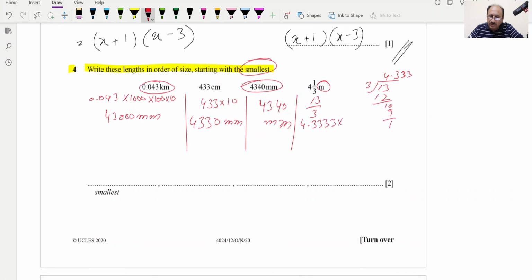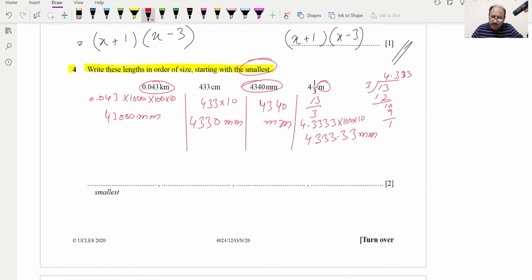We'll multiply by 100 and then multiply by 10, so 3 units right will be shifting, so it will be 4333.33 we can write. So this will be in millimeters.